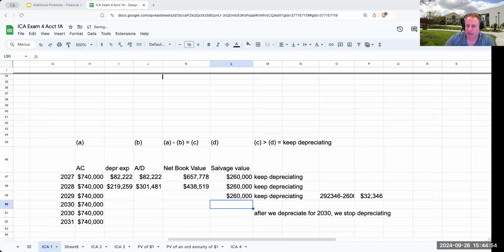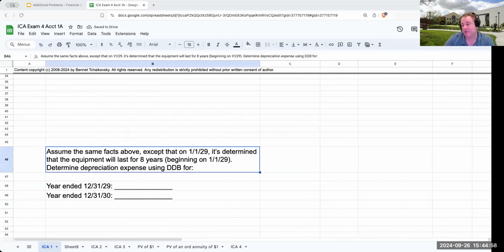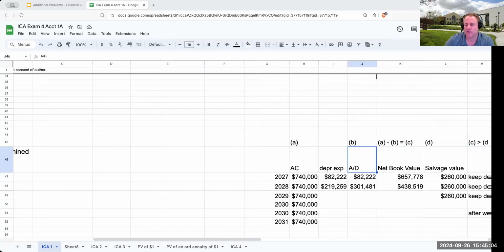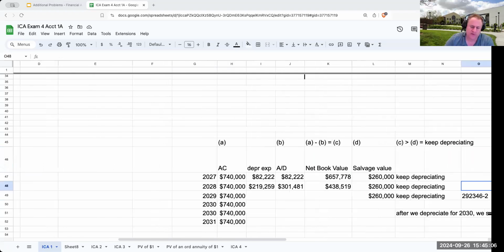I don't change the past. It may seem a little bit unrealistic, but we're saying that on 1/1/29, we're not going to mess with what we've done in 2028.